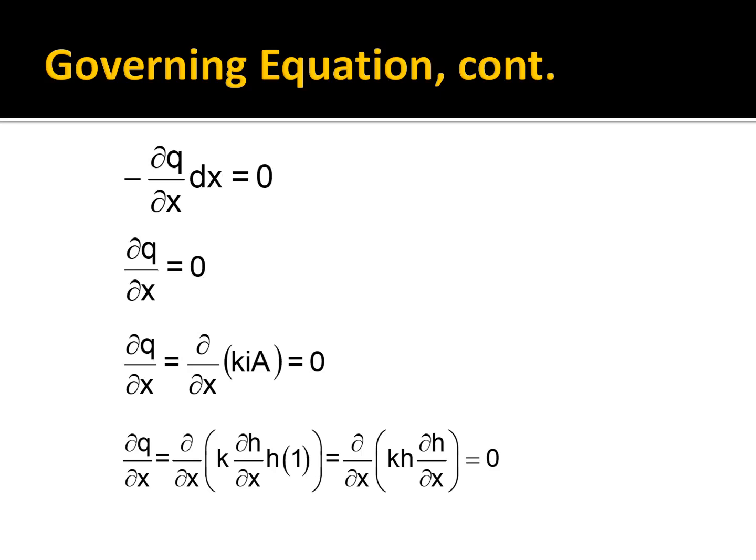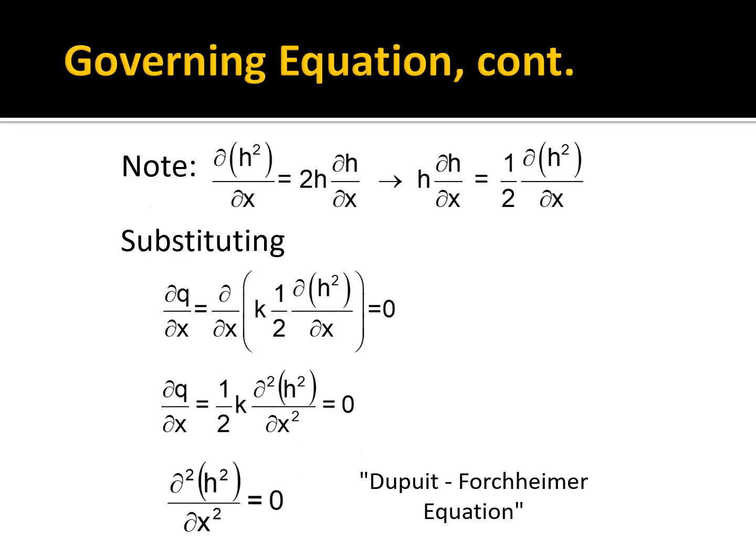All right, and for Q, we can just plug in Darcy's law, which is KIA. K is the hydraulic conductivity. The hydraulic gradient, as we've mentioned before, is del H del X. The cross-sectional area of flow is the height of that element times its dimension perpendicular to the screen, which is 1. And so we pull the K as a constant to the other side, and we get this expression, the derivative of H del H del X equals 0.